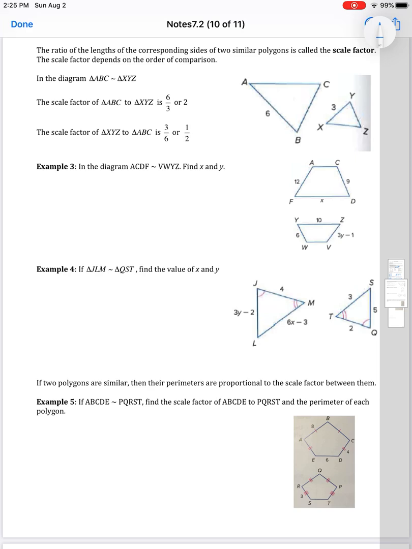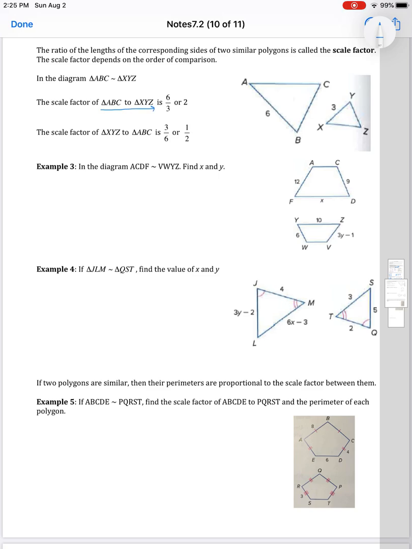Now where this is eventually going to lead us is that we're actually going to be calculating this stuff out. The ratio of the lengths of corresponding sides of 2 similar polygons is called the scale factor, the common value they have among the 2 triangles or the 2 figures. In the diagram, triangle ABC is similar to triangle XYZ.